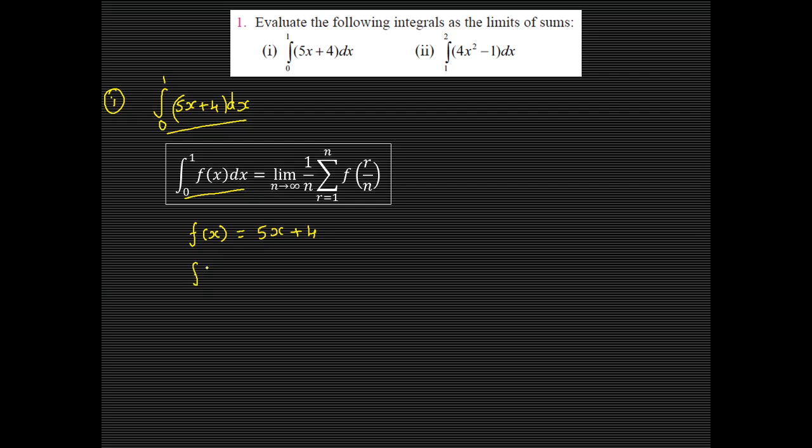So what is f of r by n? f of r by n is equal to 5 into r by n plus 4. Then after we get this f of r by n, we should apply that summation. So now we shall apply the summation r is equal to 1 to n f of r by n.